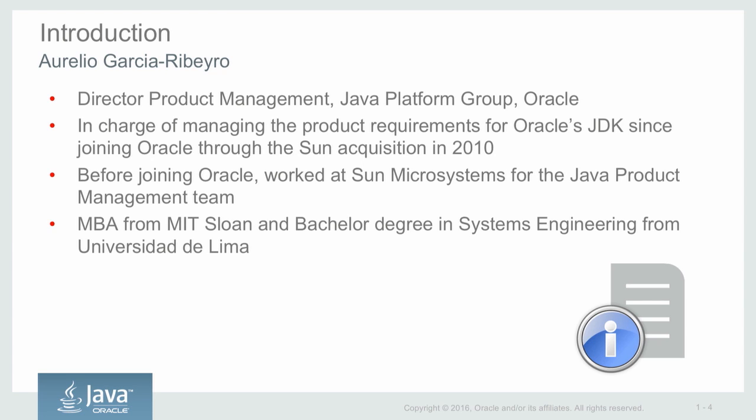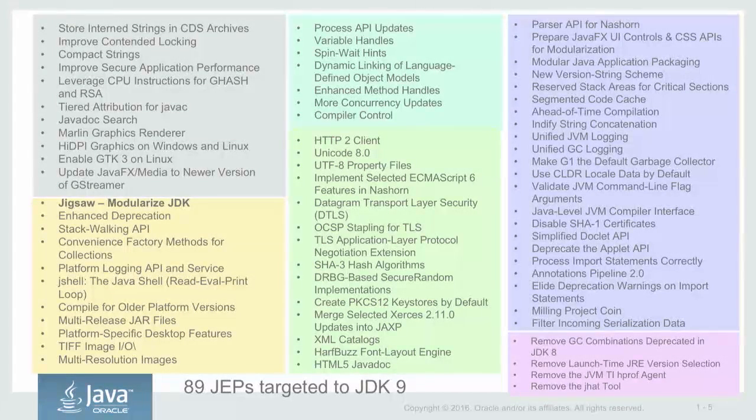So I've been the PM for JDK 8 and 9. Before that, I worked at Sun Microsystems, also in the Java product management team, but with a different product, not the JDK. And before that, I got an MBA from MIT and a bachelor's degree in systems engineering from Universidad de Lima.